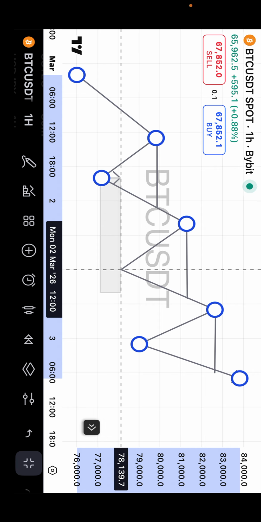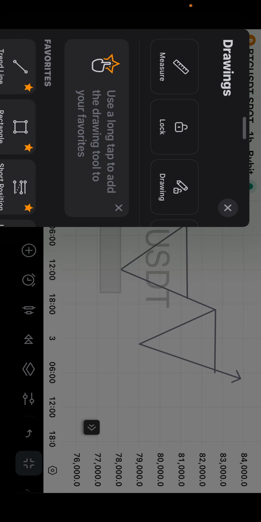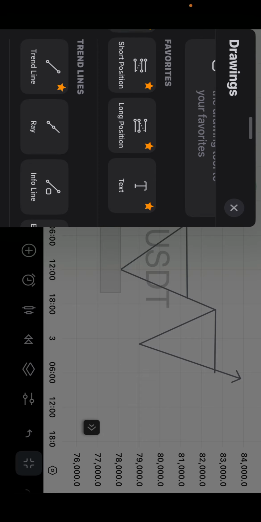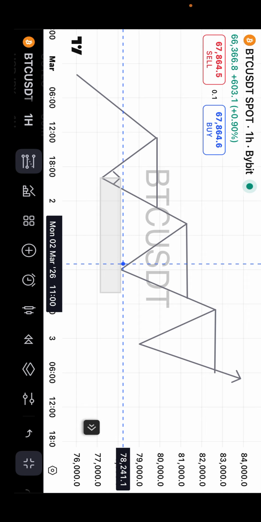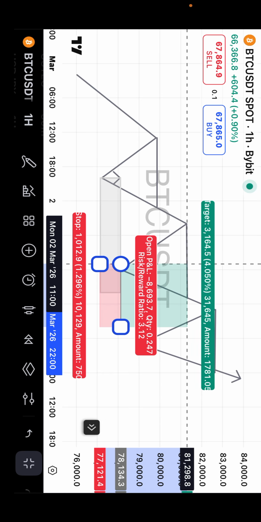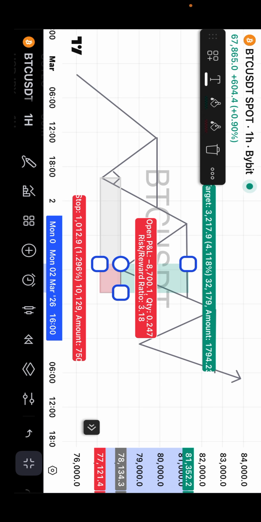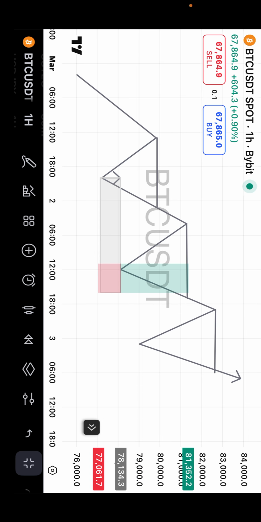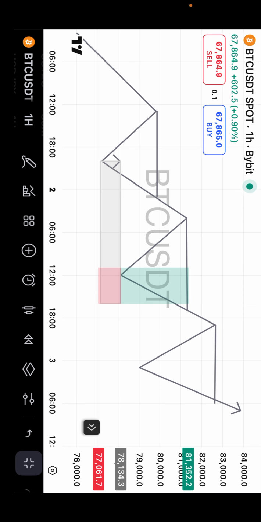We'll wait for the market to pull back to that area, then we'll enter our long position. We'll enter our buys. This strategy is very simple and straightforward. We'll enter our buys from here, then we expect it to go up.